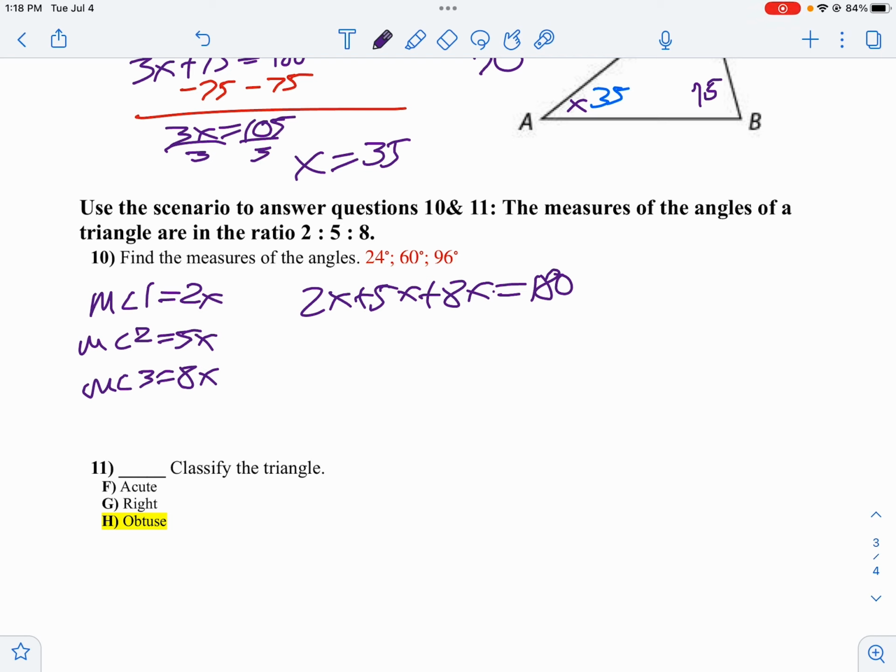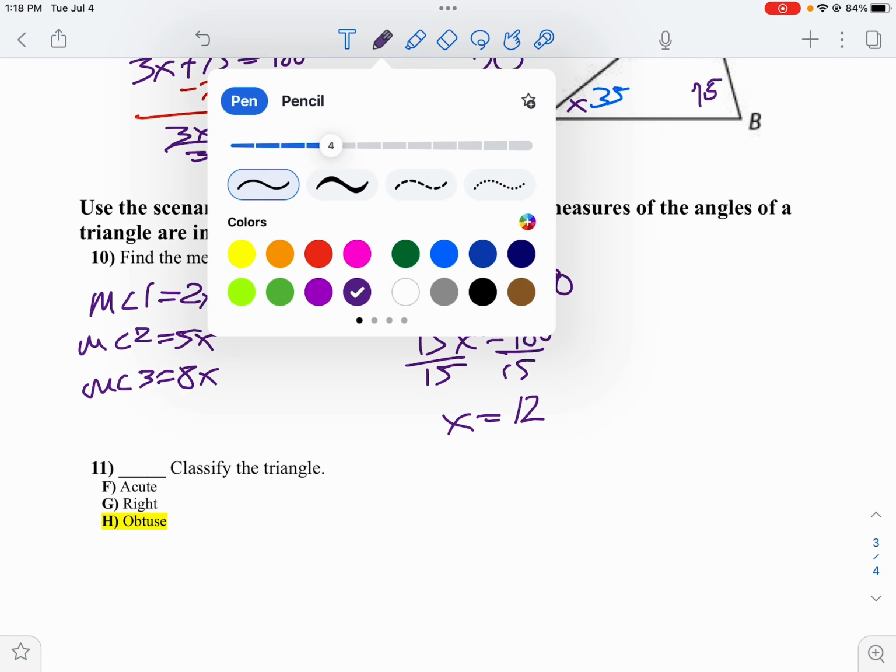Well, we're going to solve for x here. So let me see. 2 plus 8 is 10 plus 5, so I get 15x equals 180. We'll divide by 15. 15 goes in 18 once, with 3 left over. So 30 divided by 15 is 2. So x is 12. Now, that's not the measurement of my angles.